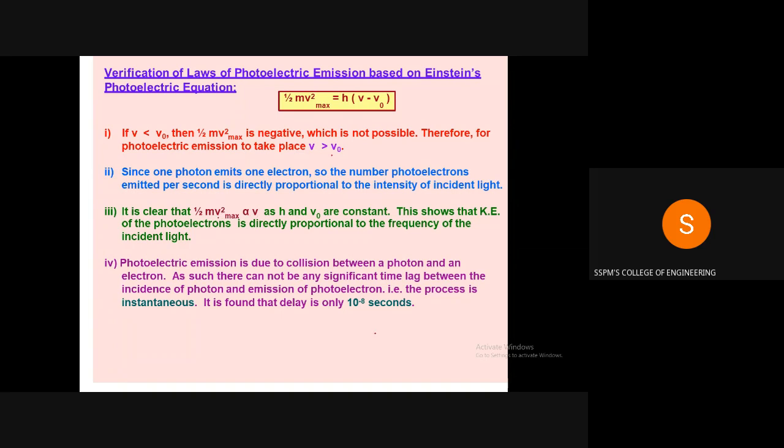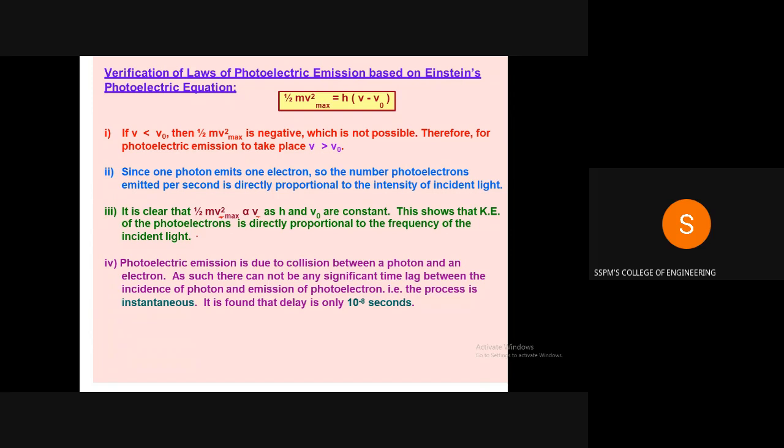In half mv square, v is the velocity of the electrons, and nu is the frequency. Since h and nu 0 are constant, this shows that the kinetic energy of the photoelectrons is directly proportional to the frequency of the incident light.